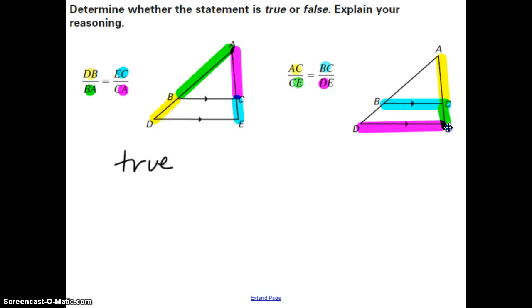However, when you compare them, AC and BC, AC is the whole side of the small triangle and BC is the whole side of the small triangle. But CE and DE, CE is just the extension on the bigger triangle and DE is the whole side of the bigger triangle. Because those two are not corresponding, this proportion is false.